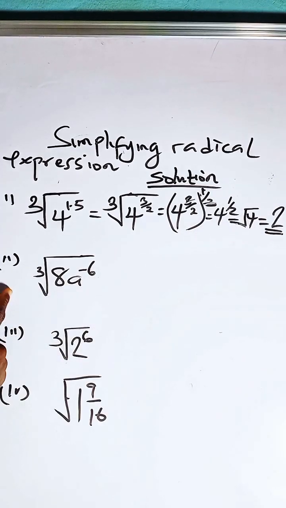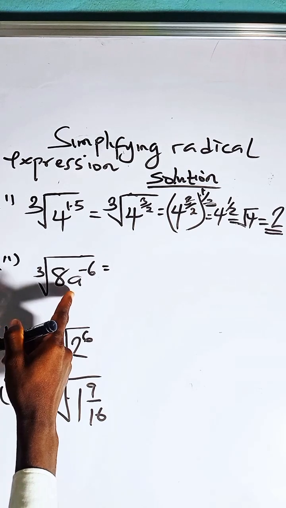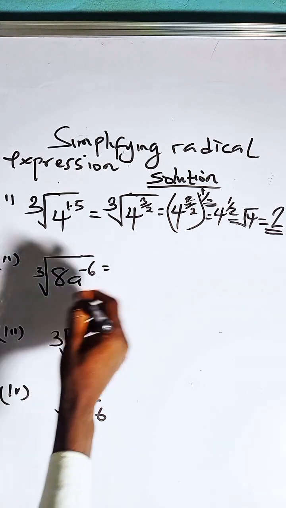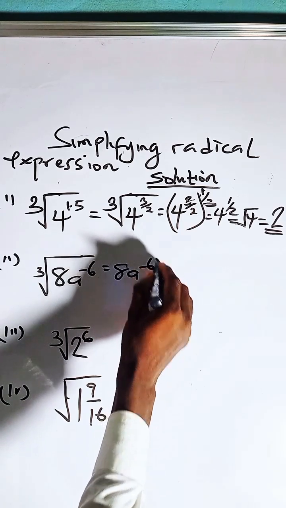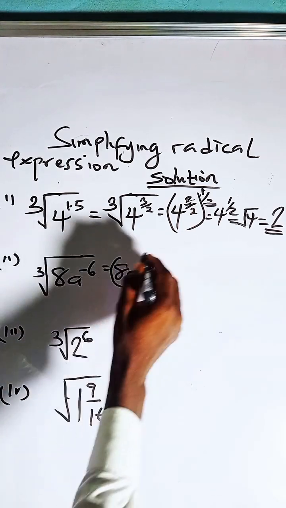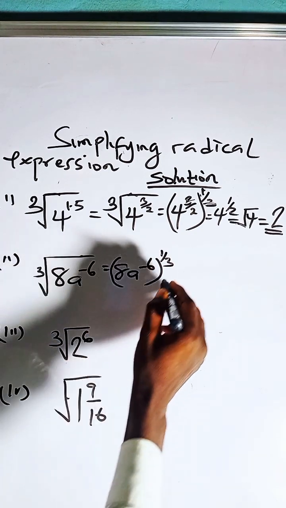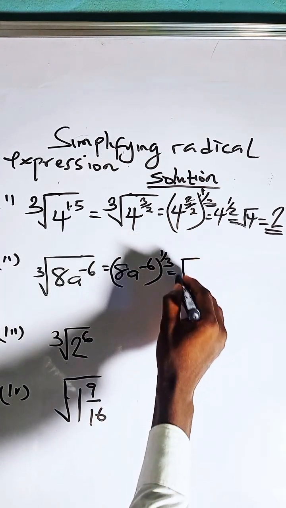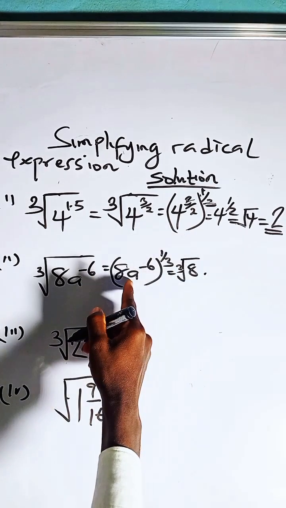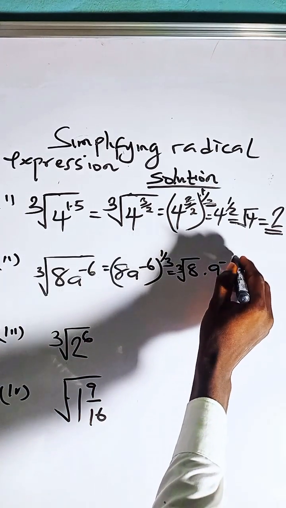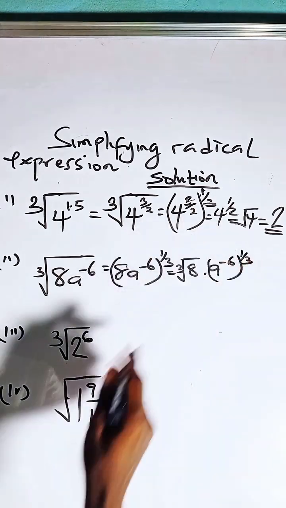Okay, for the second expression, we have the cube root of 8a raised to the power minus 6. So let us write this as 8a raised to the power minus 6, everything to the power 1 over 3. This implies the cube root of 8 times a to the minus 6, raised to the power 1 over 3.